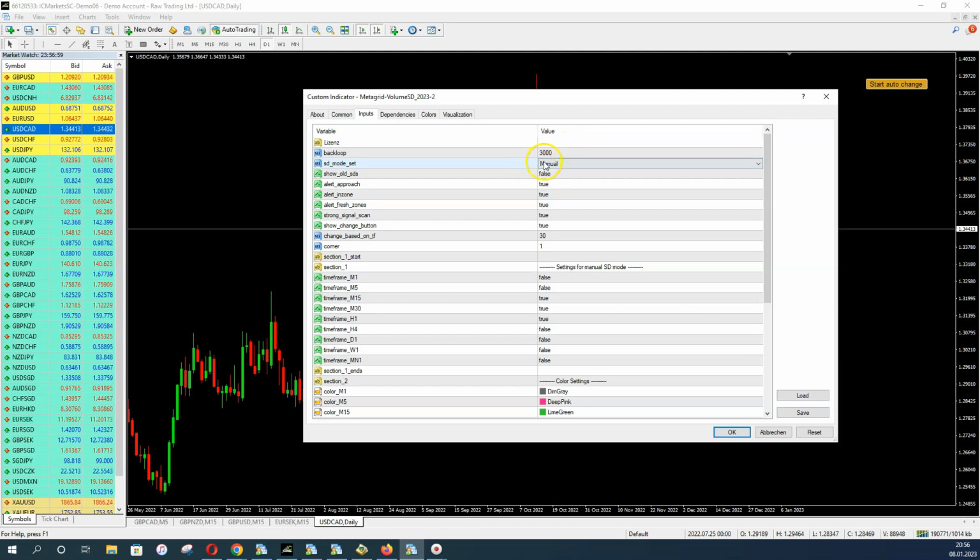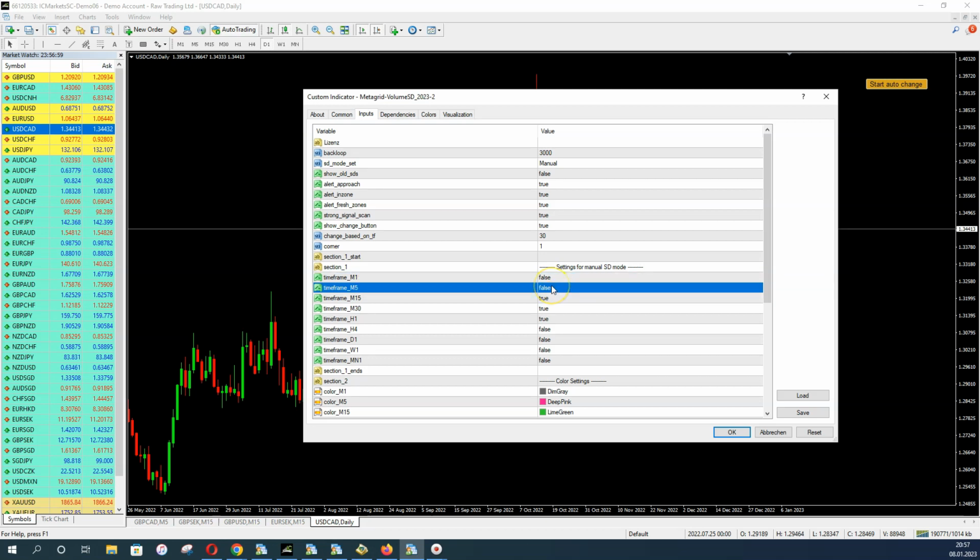And if you choose the manual mode, you can make here some more important settings. If you are in the manual mode, you can choose which supply and demand zones you are interested in, so which one of these should be displayed on your chart. For example, here on the 1 minute time frame, we have chosen the setting false. This means the scanner will ignore the supply and demand zones which the scanner normally finds on the 1 minute chart.